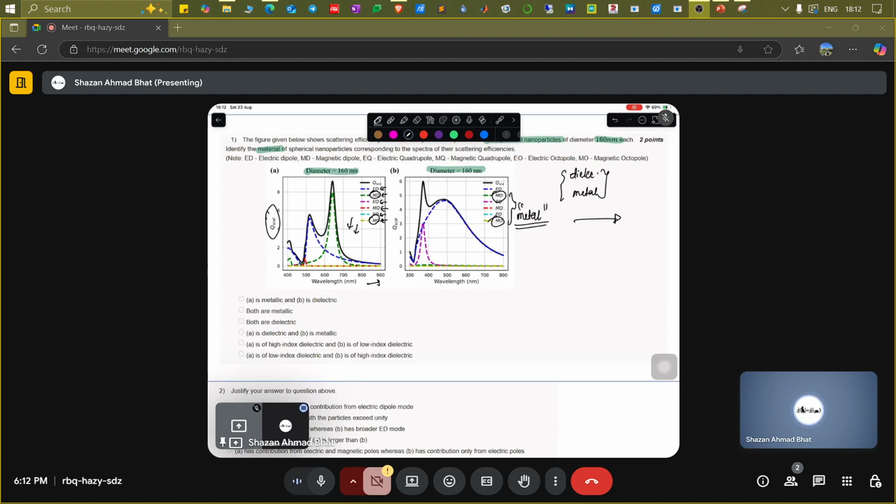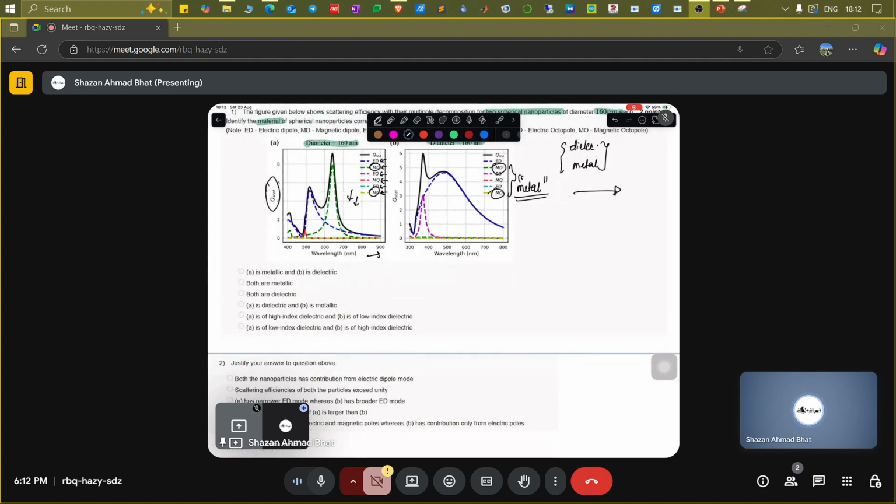Why? Because you have talked about what this magnetic resonance depends upon. It depends upon the induced circulating currents that couple to the magnetic component of the light. At optical frequencies, which we are mostly dealing with, metals have a very high plasma frequency, and mostly we take the magnetic permeability to be almost equivalent to one.